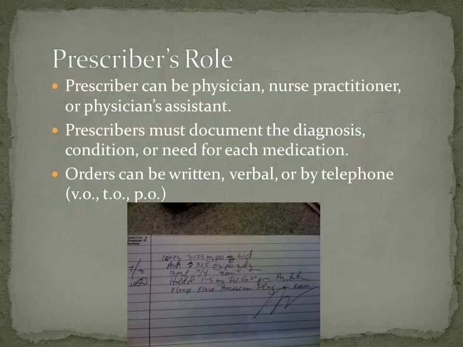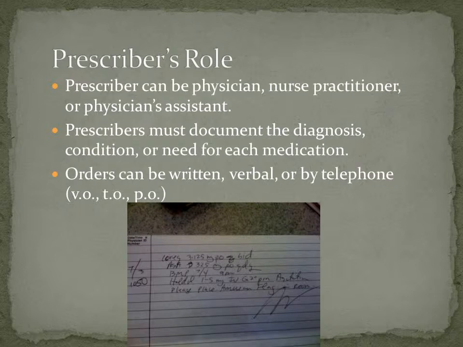For example, Percocet. The use of abbreviations when ordering medications is often the cause of medication errors. Only approved abbreviations are allowed to be used. And you need to refer to your specific healthcare facility for the list of approved medication abbreviations for that facility. Additionally, the Joint Commission has a list of approved abbreviations.